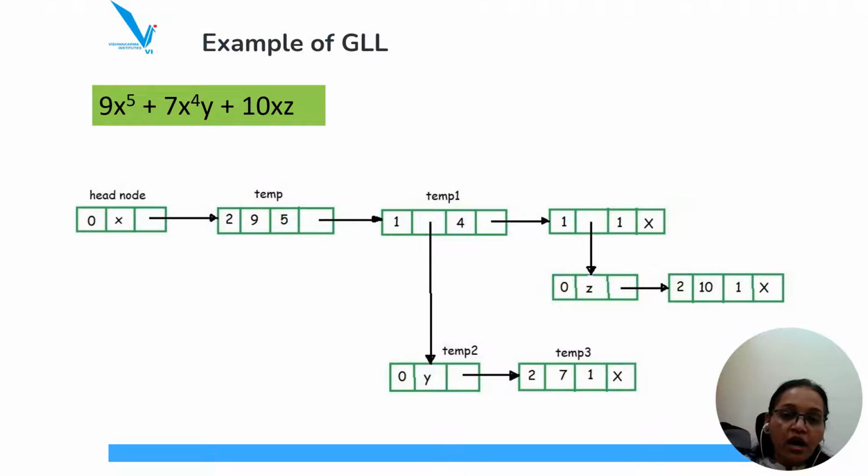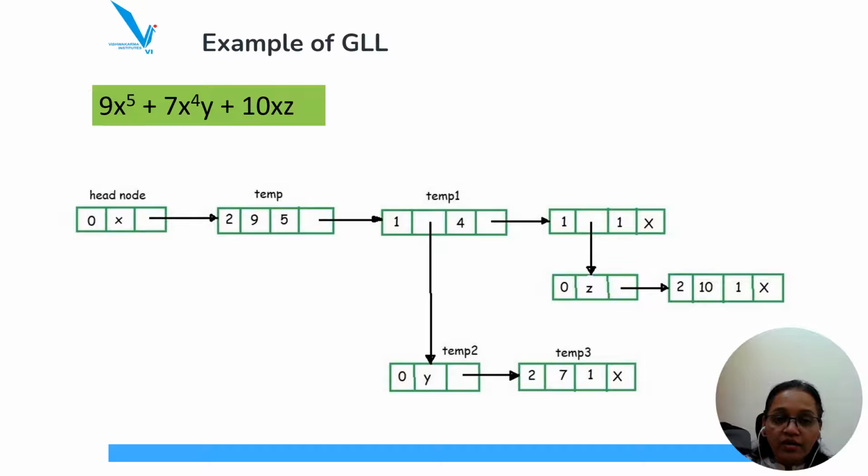Now let us see how to represent this polynomial with the help of a generalized linked list. In the very first node, we write flag equal to 0. Flag 0 means a variable is available. Which is the variable in the first term? x. So we write x. Flag is 0, so a variable is available, and we have a next pointer.